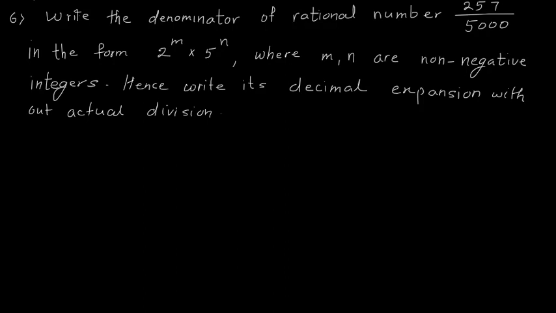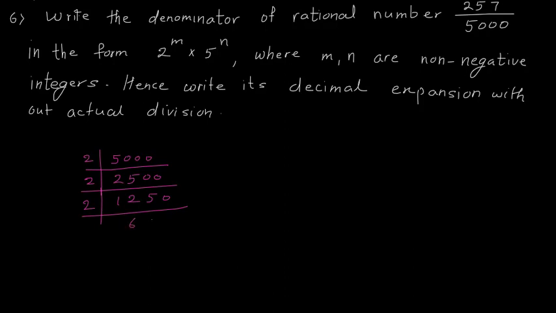So for that what do we do? We first factorize this denominator, 5000. We start with 2: 2 to the 4, 1 5, so it becomes 10, 2 5s are 10. Then again with 2, 2 1s are 2, 2 to the 4, 2 5s are 10. Then again with 2, 2 6s are 12, 2 to the 4, 2 5s are 10.